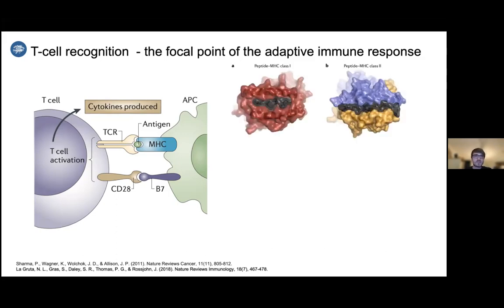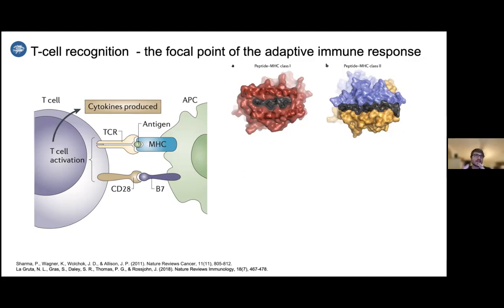So to understand how this is presented, we need to look into the three-dimensional structure of the MHC molecule and the T-cell receptor itself. These peptides or antigens are linearly presented to the T-cell receptor, bound to these MHC molecules. And here we distinguish between two classes, namely MHC class 1 and MHC class 2.